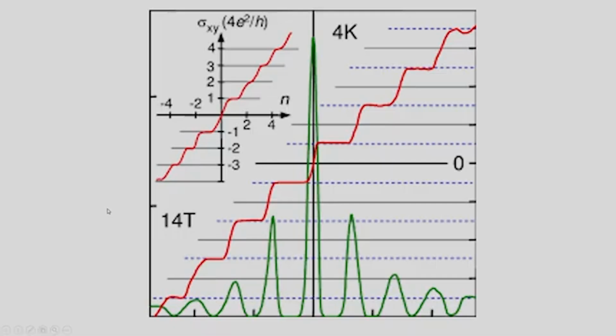Let me show you the plot. So, this is the plot that one gets for the quantum Hall effect. These red plots are the Hall effect, and the green plots are the magnetoresistance plots, or rather magnetoconductance plots, and the plateaus are not at these black lines, but they are shifted by this half integer and seen at these blue lines.